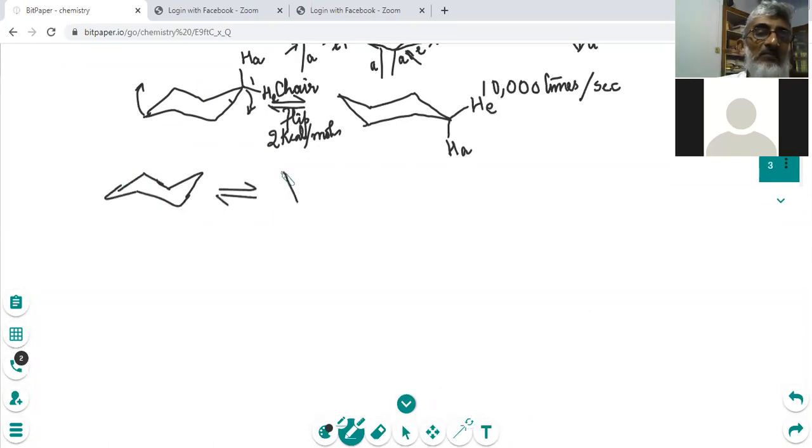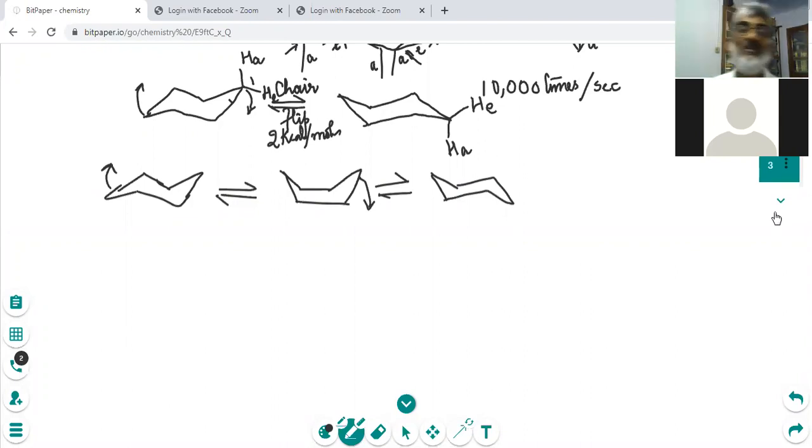Now this is the boat form. Okay, so one side has gone up. You form the boat. Now this side will come down. And this is, sorry, the second chair. Second chair form.